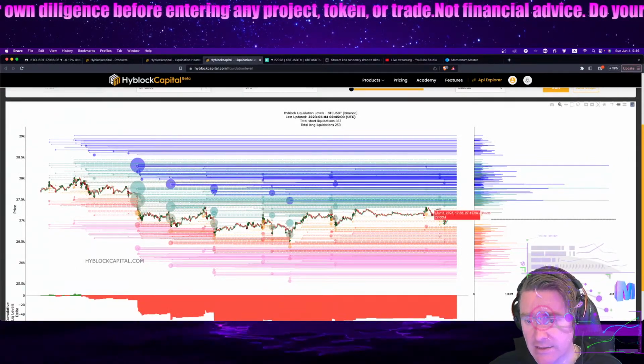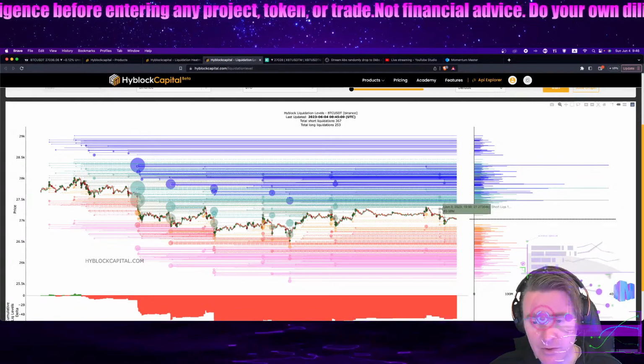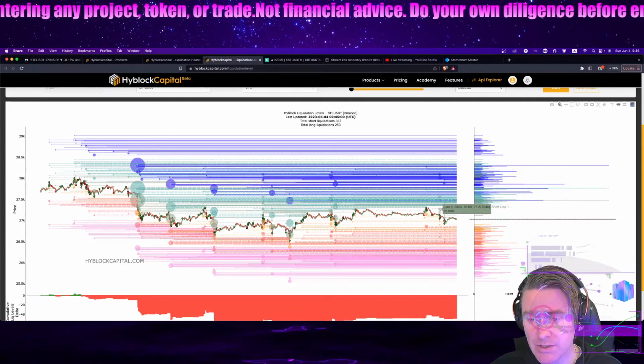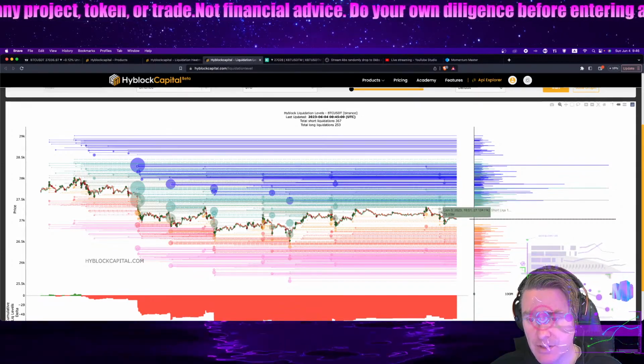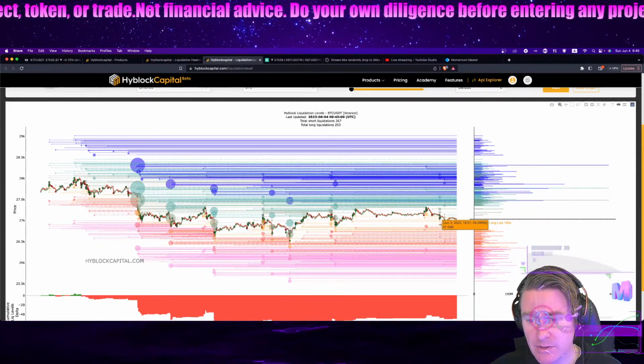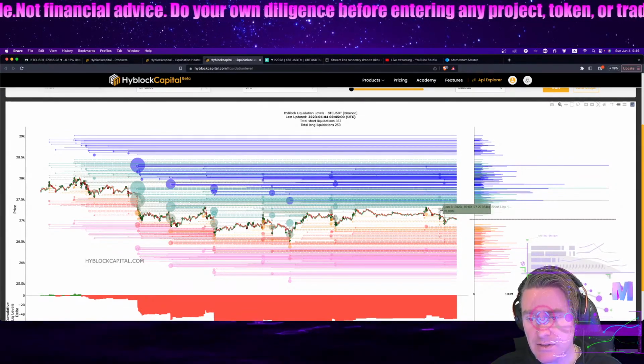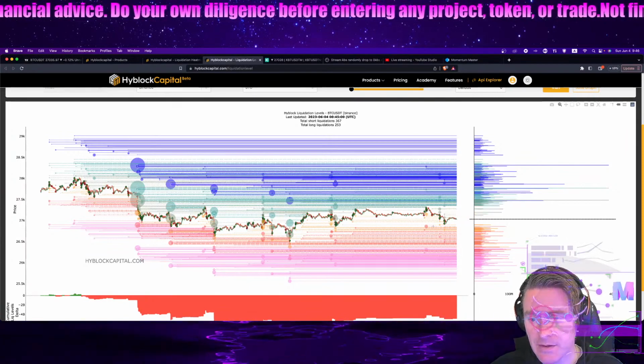Right now, in the last few hours, they've pinged in more shorts than longs, as you see here, 83 million, 79 million, as opposed to 32 and 47. So there's less longs being enticed into the charts than shorts.